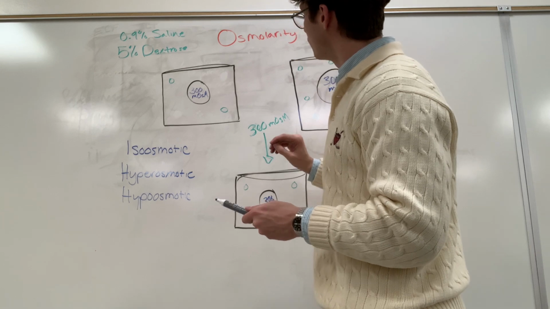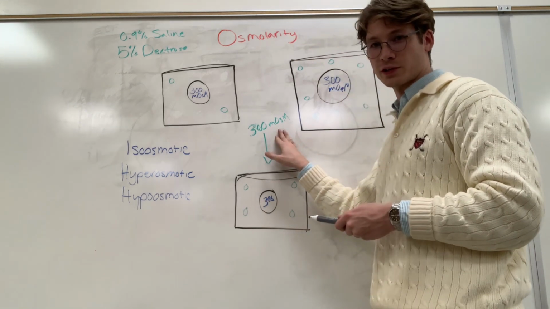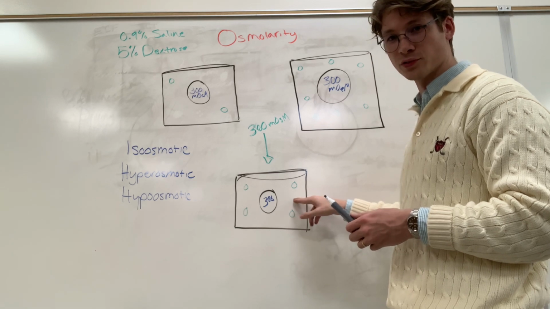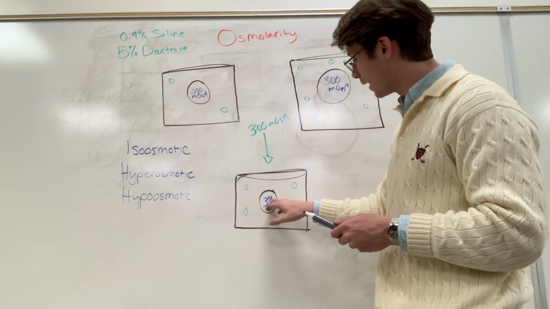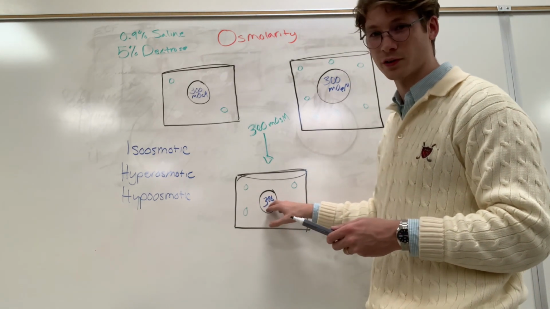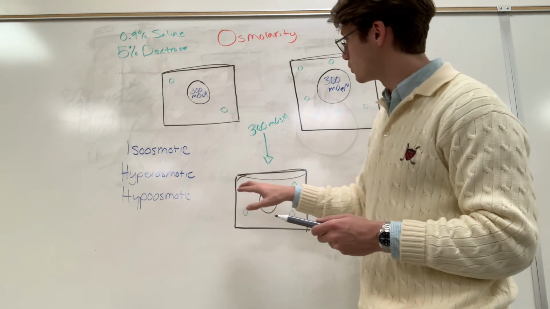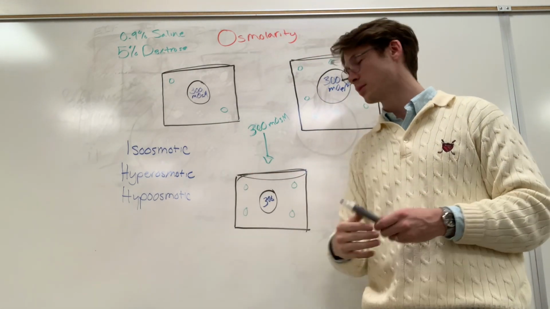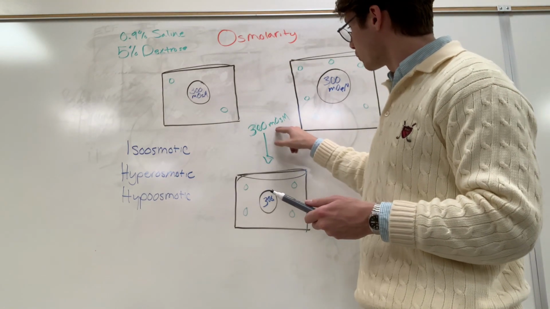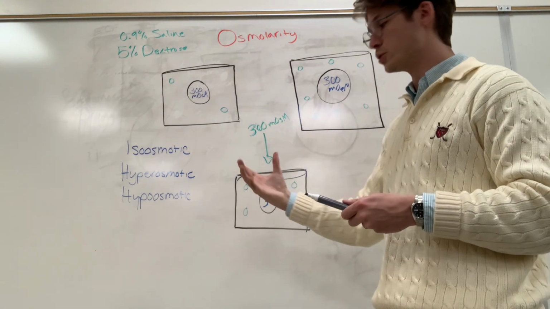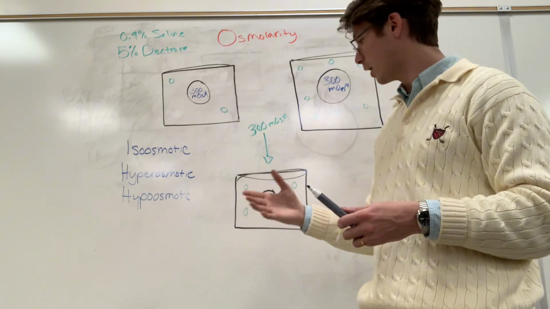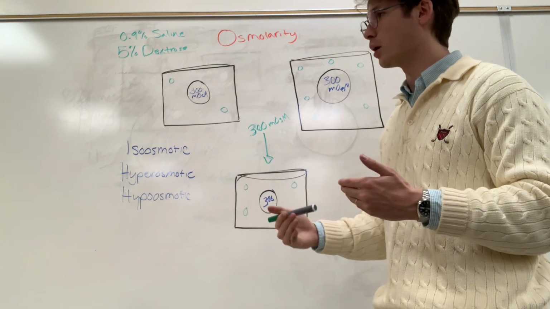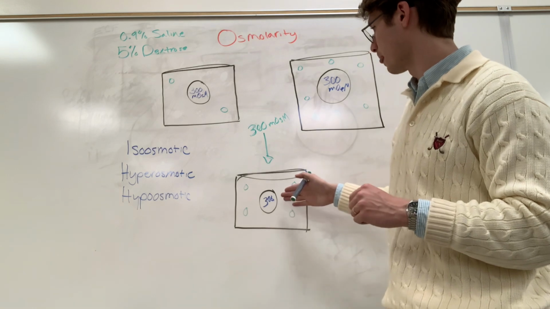So if we put a 300 milliosmolar dextrose into the extracellular fluid, it matches the 300 milliosmolar in our cells. This is what we refer to as isoosmotic, iso meaning same. So when we put a 300 milliosmolar solution inside of our extracellular fluid, we refer to this as isoosmotic because both are the same.